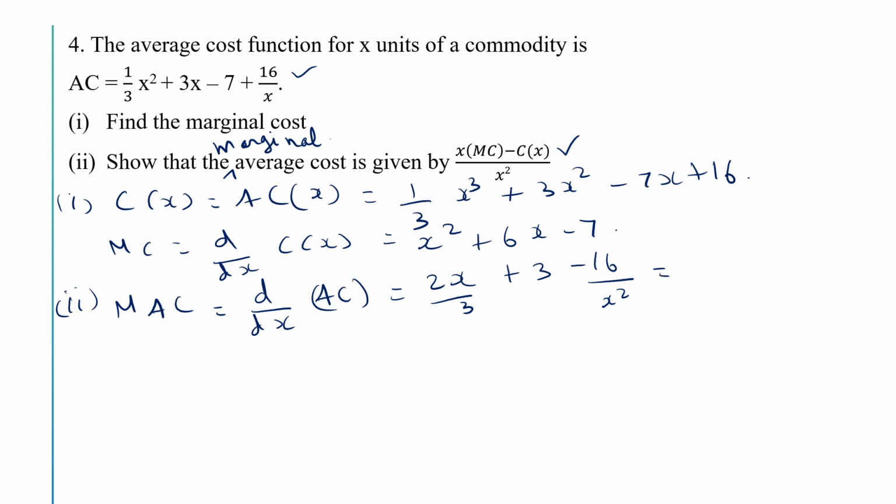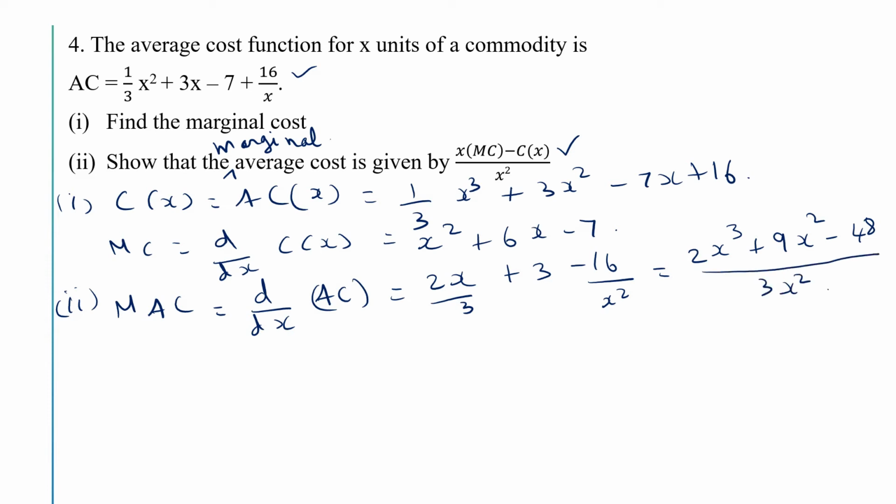Or this is equal to, here 3x square is the LCM. So we have 2x cube plus 9x square minus 48 divided by 3x square.